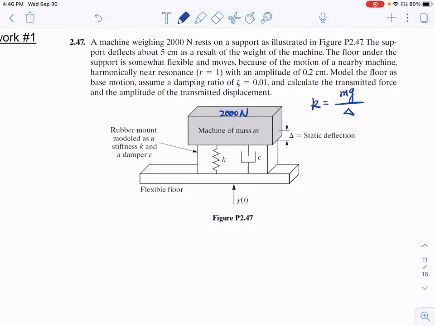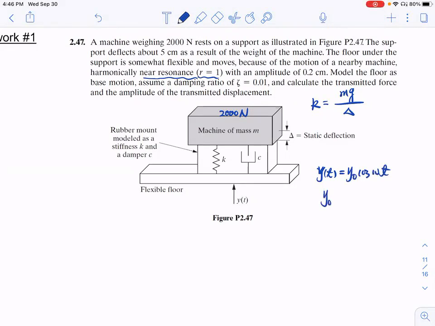And then this machine or this support is sitting on a floor, and the floor is vibrating at very close to the natural frequency. So your r is equal to 1. And then you know that your amplitude y(t) equals y naught cosine omega t.